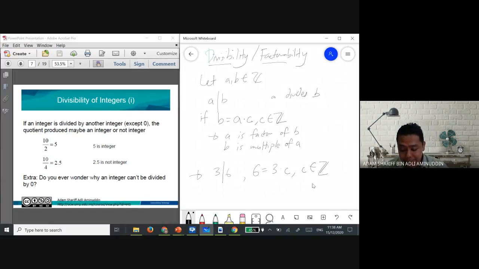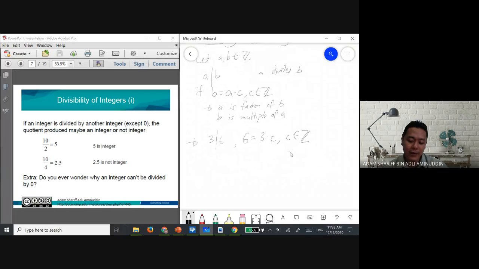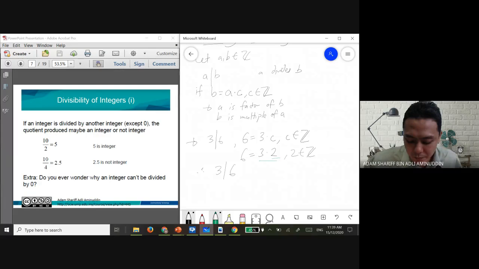If yes, then definitely 3 is a factor of 6. If not, then 3 is not a factor of 6. 6 can be made as 3 times 2, and 2 is definitely an integer. My conclusion is that 3 is definitely a factor of 6. 6 is also a multiple of 3. And based on this simple proof, it shows that 2 is a factor of 6 as well.